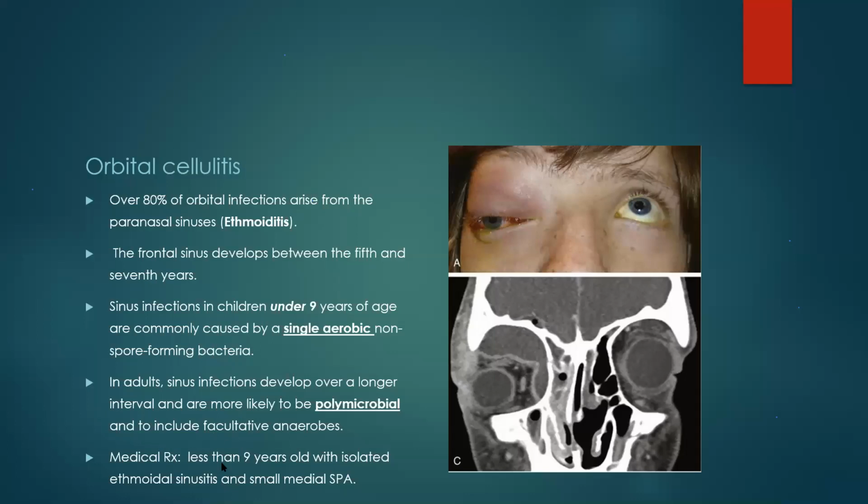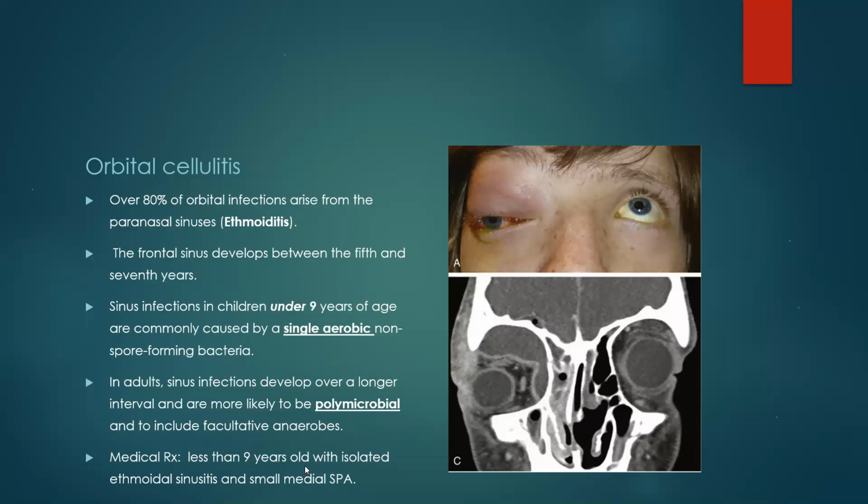طيب فاحنا قلنا اذا البيشنت above 9 to 14 years, this is an indication for urgent drainage, or if the location of the subperiosteal abscess is non-medial.